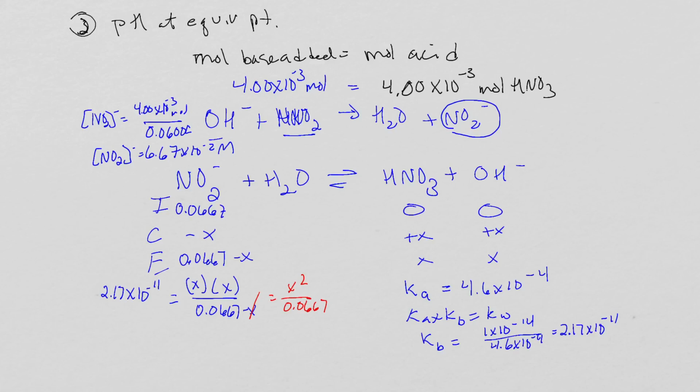At this point, it's just solving through the algebra, and we should come up with x equals 1.20 times 10 to the minus 6th. Now, we already know, if we go back here, that the hydroxide ion concentration is equal to x. So the hydroxide ion equals 1.2 times 10 to the minus 6th.